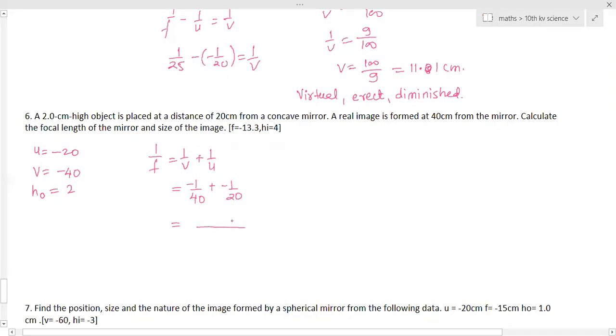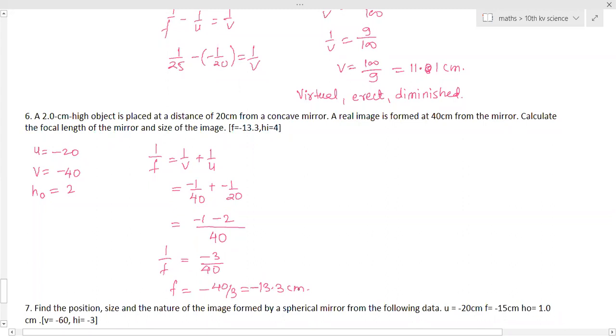Denominator should not be negative, so give all the minus sign to the numerator. Minus 1, minus 2. So this is minus 3 by 40, the value of 1 by F. So F is equal to minus 40 by 3, that is minus 13.3 centimeter.